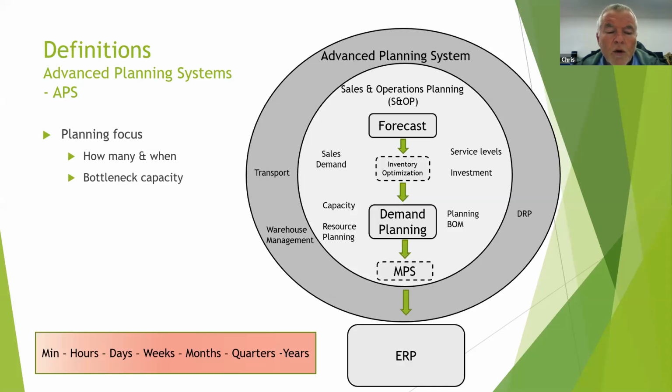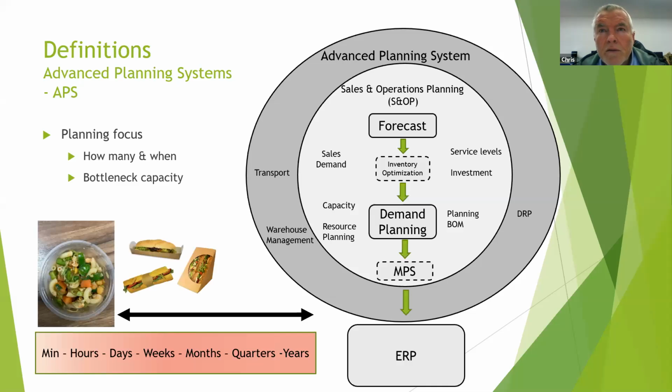All right, so let's go back to what sort of time horizon the advanced planning system runs. So it's normally across months and years, months, quarters, years. But there are some industries where you might be planning right into days. So if you think of salads and fresh sandwiches, you have a very short shelf life, and you need to be planning today for what the customer may order tomorrow, and you can't build a lot of stock because there's a shelf life involved.